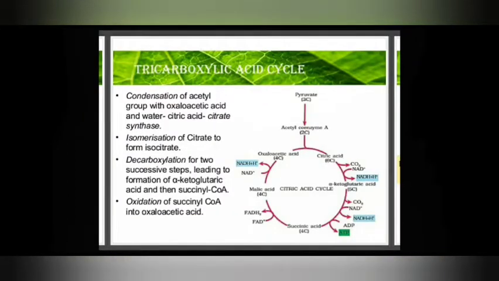Now you can see here, this is the flow chart diagram of the Krebs cycle. The first step is condensation of the acetyl group with oxaloacetate and water. The first stable product produced is citric acid in the presence of the enzyme citrate synthetase.